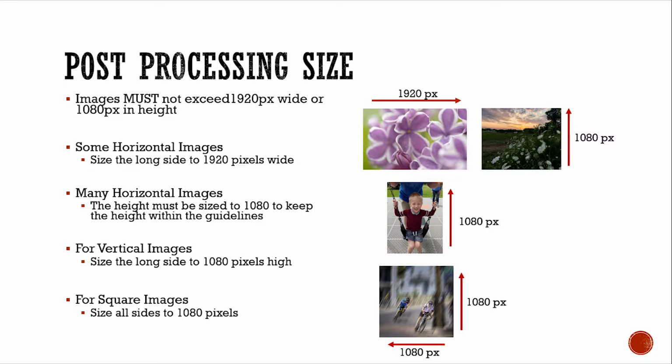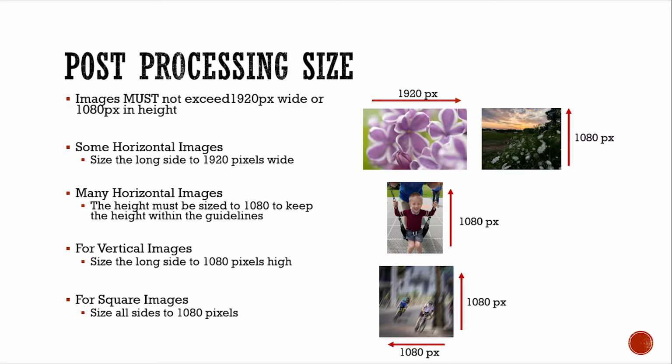However, many of our horizontal pictures are either an aspect ratio of 3:2 or 4:5, which means we need to plug in the height criteria when we resize. If we do that width criteria of 1920 pixels wide, then our images will be too tall.